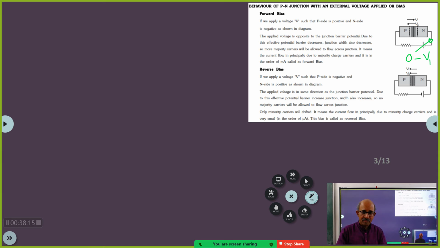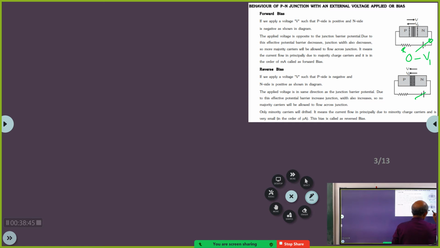Correct? Yes, sir. And afterwards, after 0.7 volts, if you increase the voltage, then the current will flow depending upon the value of this resistor. Correct? Yes, sir. Fine. And that is one aspect of this. So the current will start increasing as you increase the voltage beyond 0.7 volts for silicon.